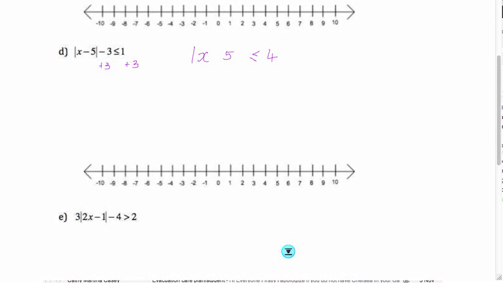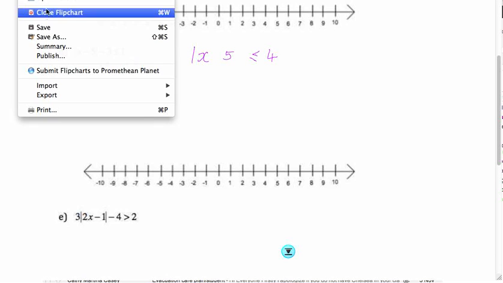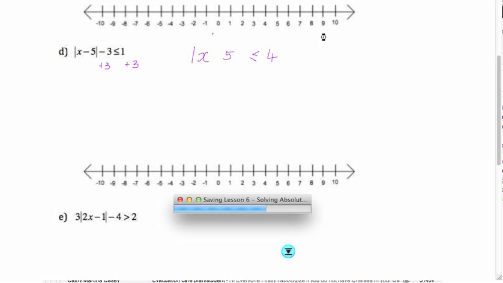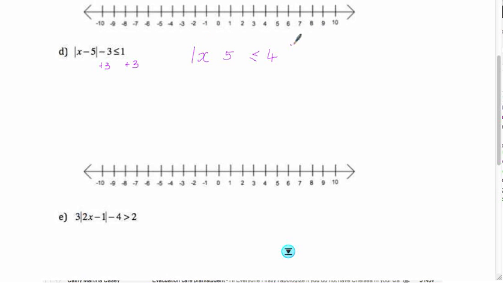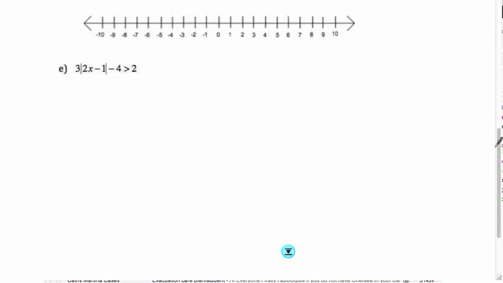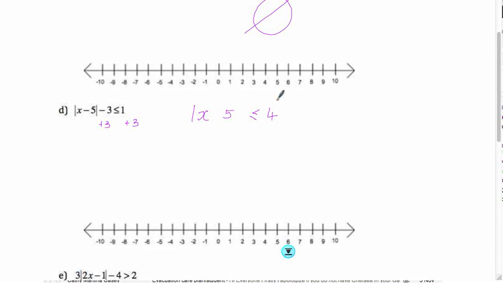This time we do have a workable absolute value inequality, so we're just going to go ahead and solve that now. So absolute value of x minus 5 less than or equal to 4. What this translates to is that the distance of this number is no more than 4 units from 0.